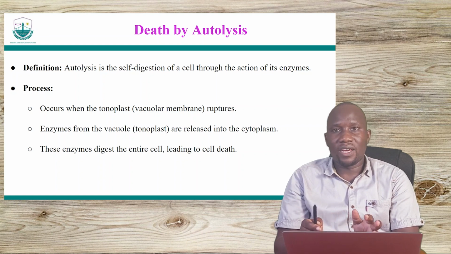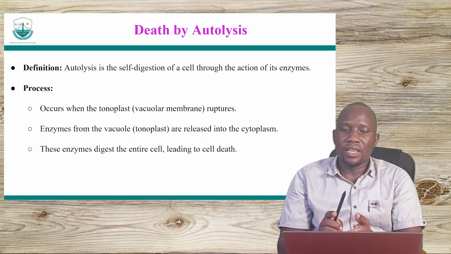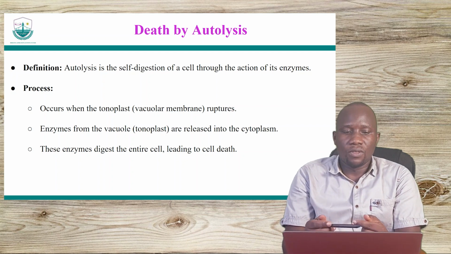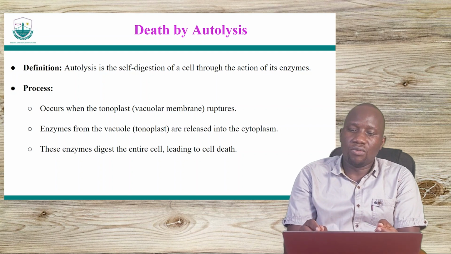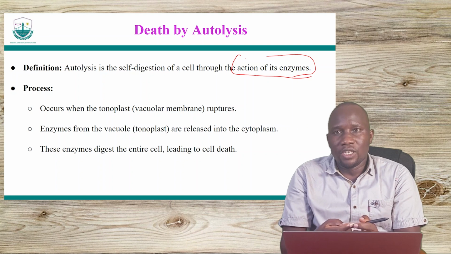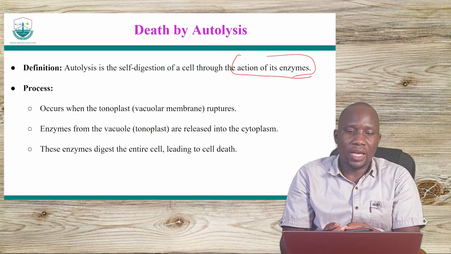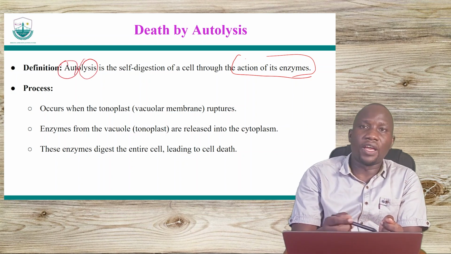So we are saying that when cells get damaged or when they get old, they are destroyed. Autolysis is self-destruction of the cell through the action of its own enzymes, just like suicide. The cell kills itself. Auto means self, lysis means to break.